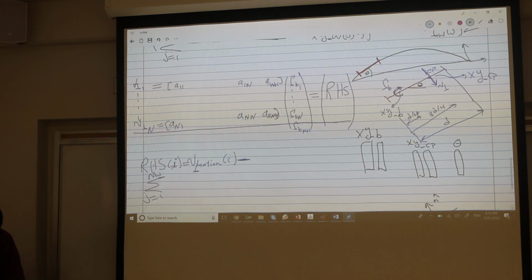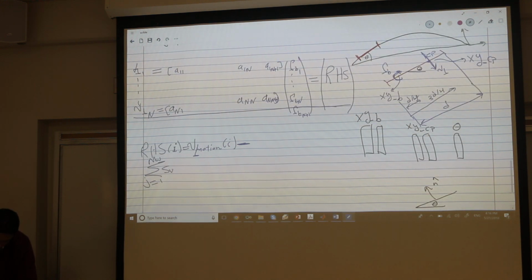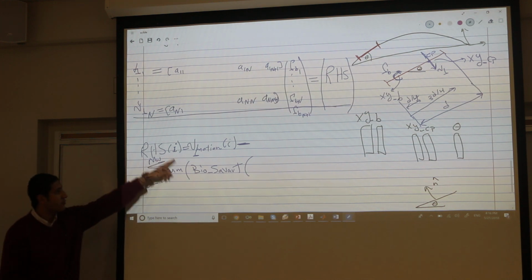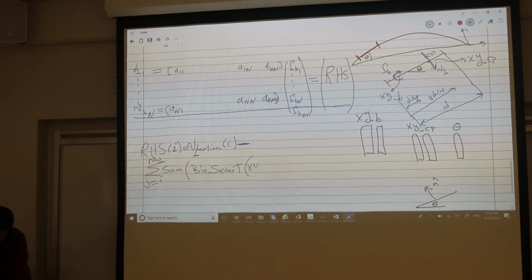So the Biot-Savart of R takes two things: the point I, so x, y of control point I, and the vortex, so x, y wake of J. The Biot-Savart of R gives you two numbers.